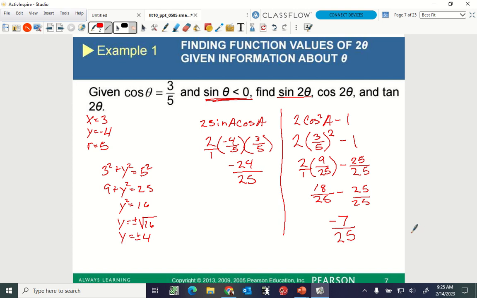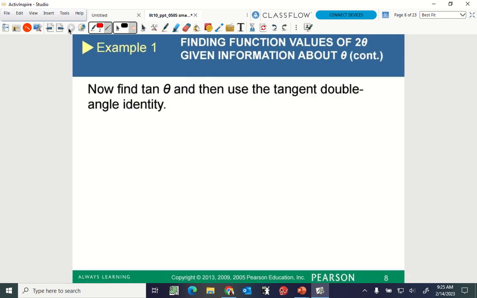Questions? No? All right, so we still got to do a tangent, though. So we got sine, cosine, and tangent. There we go. So tangent right here.